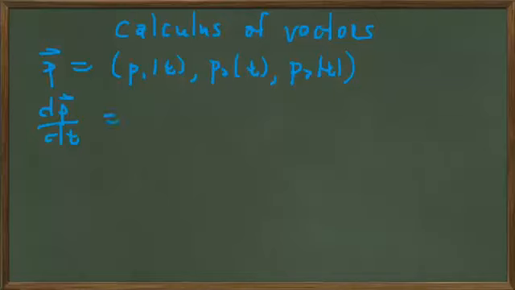I hope you would guess correctly. It would be this: p1 prime of t, comma, p2 prime of t, comma, p3 prime of t. And that could also be written this way.